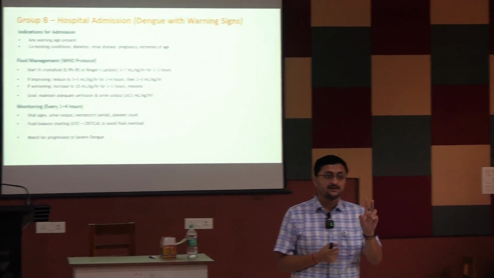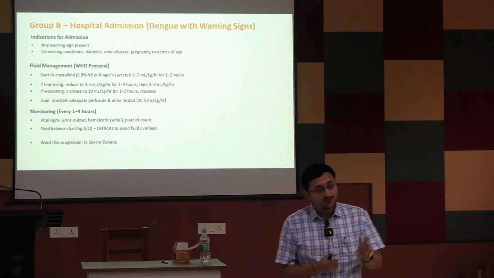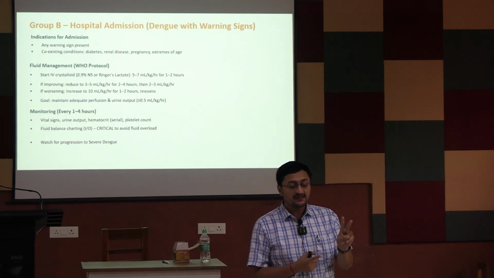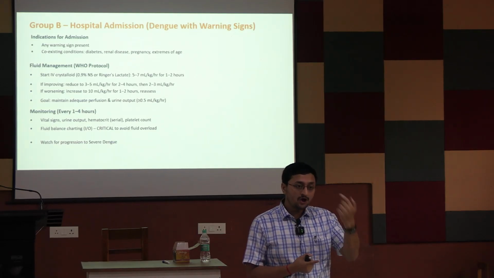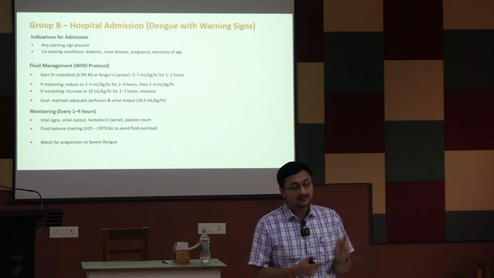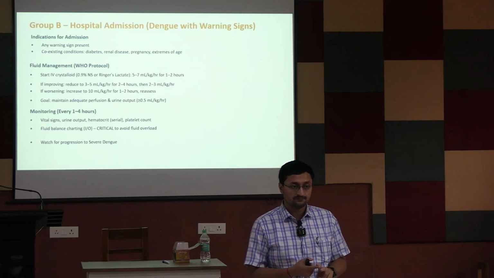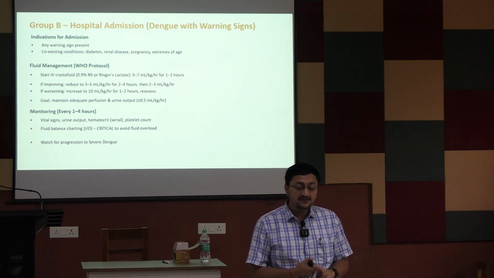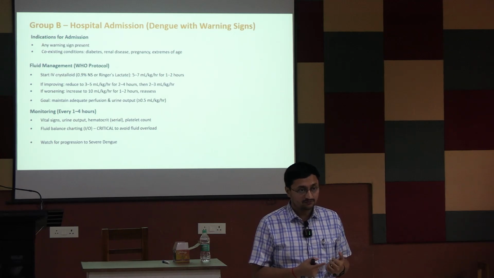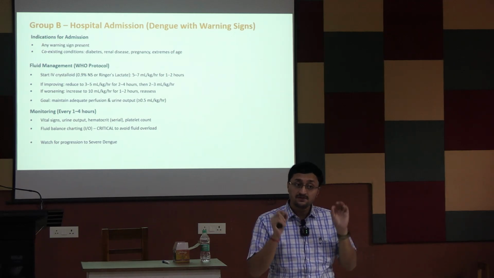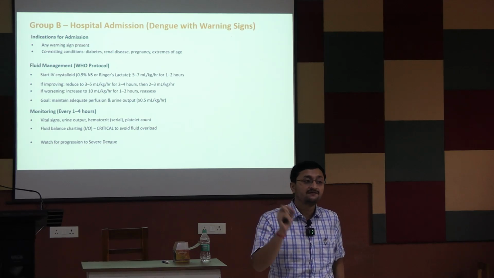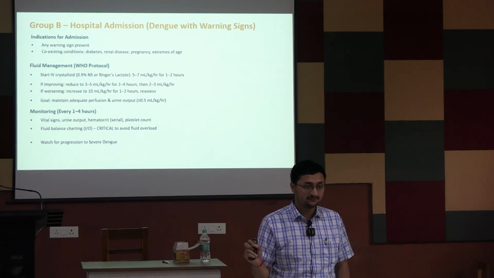Check that urine output is more than 0.5 ml per kg per hour, this is adequate urine output. Second is hematocrit, a fall of hematocrit by more than 10%. Third is capillary refill time, okay. Fourth is hypotension, whether the patient is developing hypotension or not. These 4 signs are the most important bedside clinical signs that you should assess every hour, at 1 to 2 hour intervals, okay.